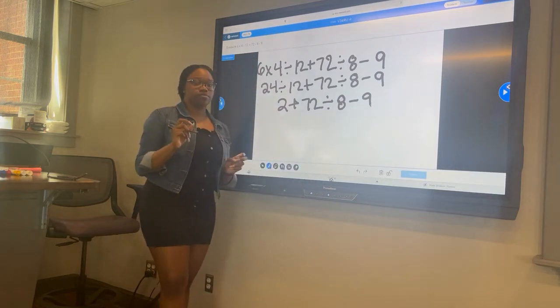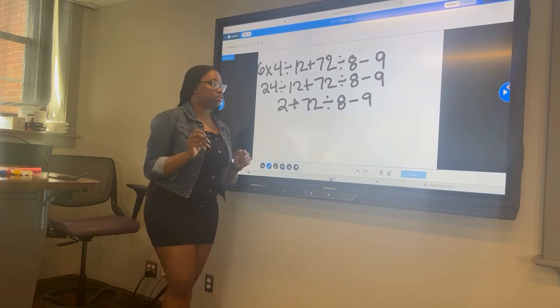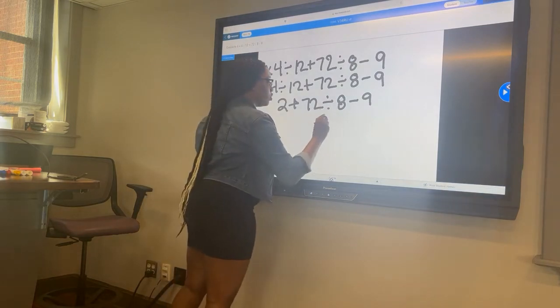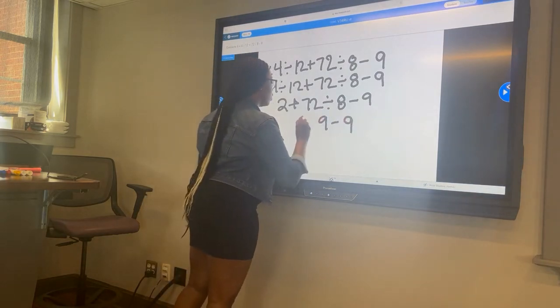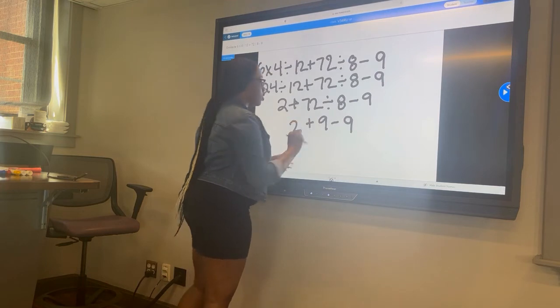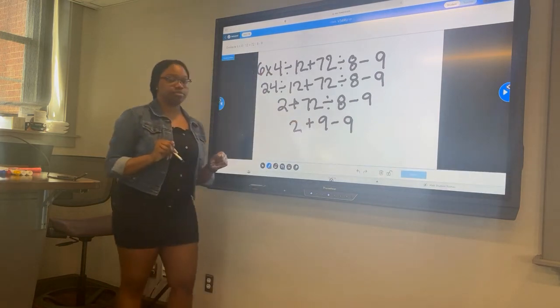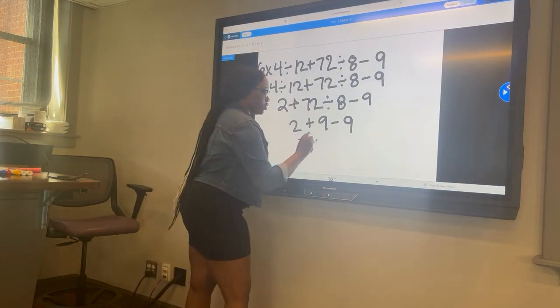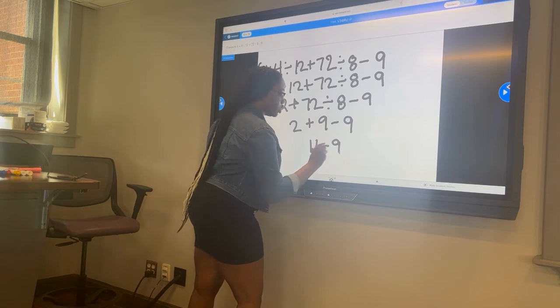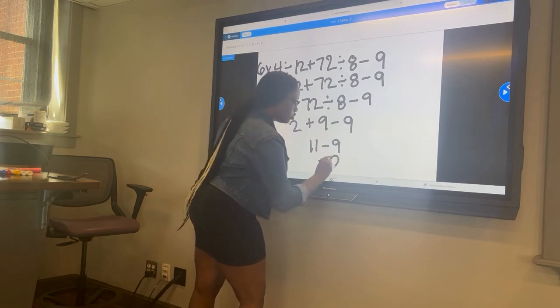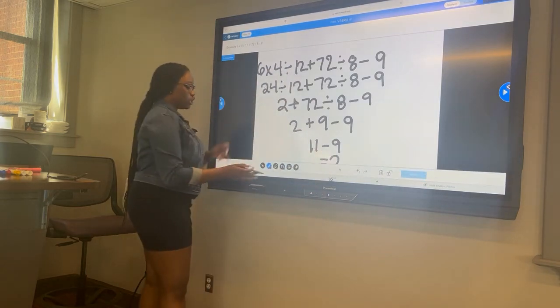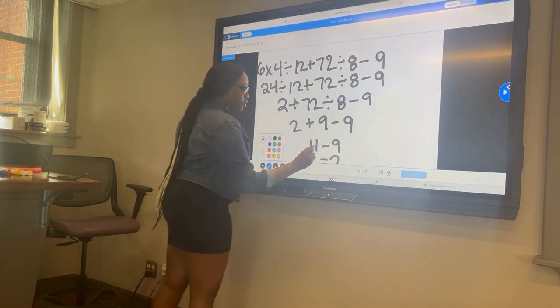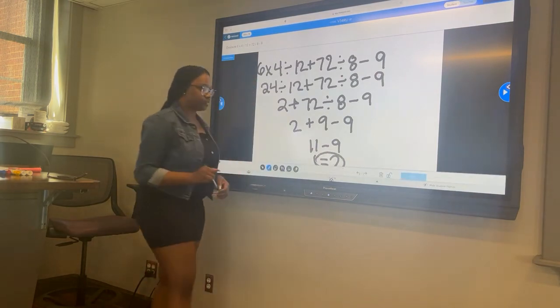Divide 72 by 8. And what do you get? 9. What would be our next step? 2 plus 9, which gives us 11, minus 9, which equals 2. So our answer for this equation is 2.